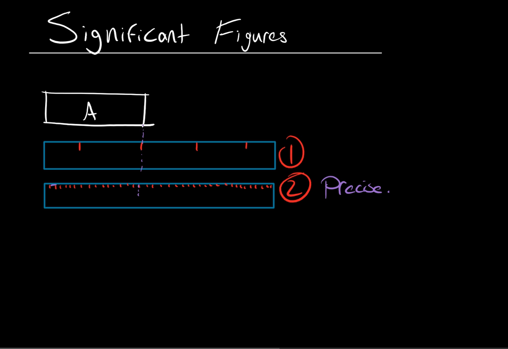Now, what precision really has to do with is how many decimal places down, or how many numbers that we're getting from that measurement, are reliable up to that last one that has been rounded.